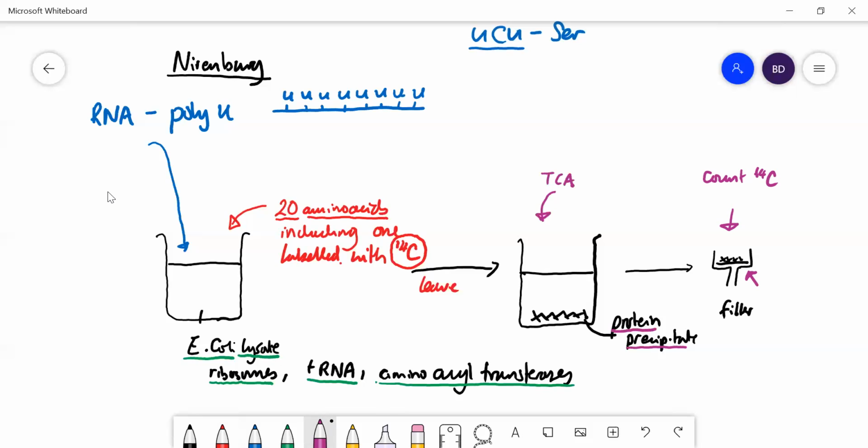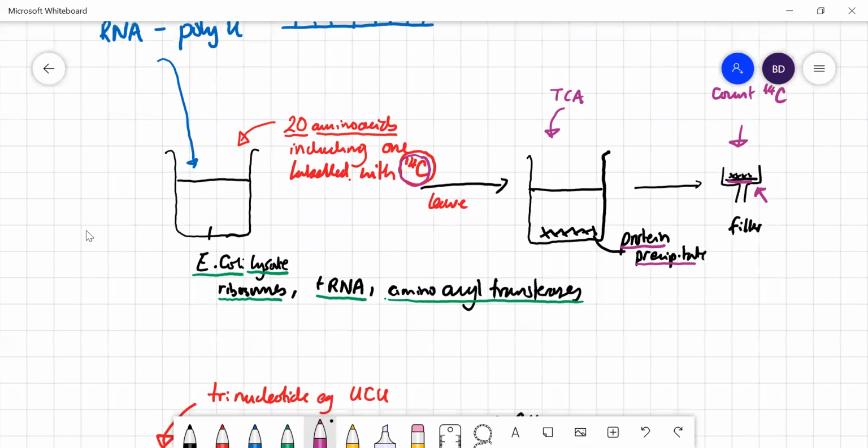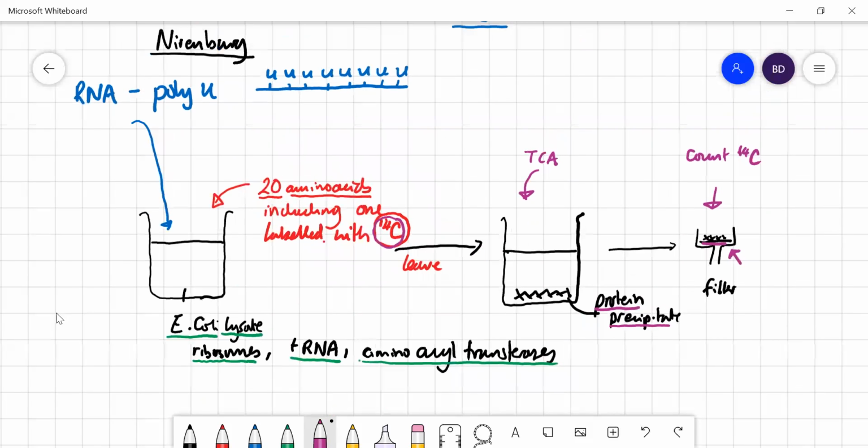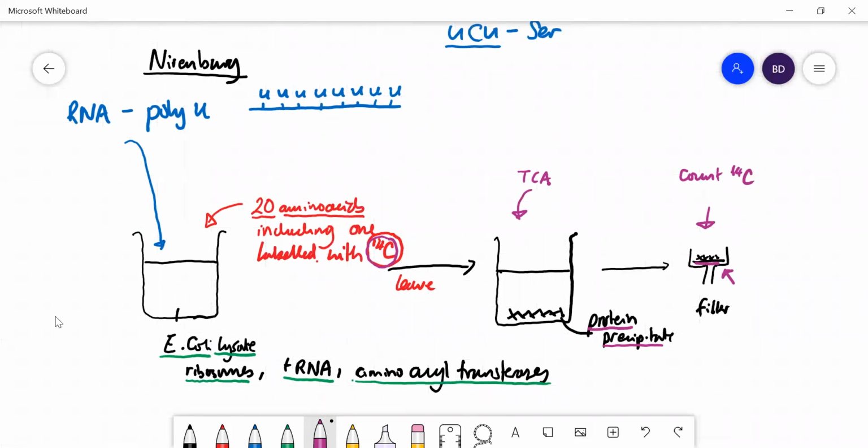That gives you in counts per minute the levels of 14C in there. So if there's any radioactivity in the protein, it must have come from the one radioactive amino acid that we've added. They did this, and when they used poly-U, and this was a real eureka moment, the protein that was produced contained only the amino acid phenylalanine.